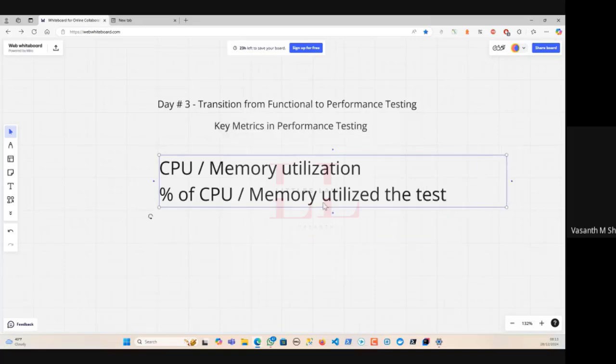The reason I'm mentioning this is that you could have this question in your interview. They might ask you what the CPU and memory utilization is. It is something you analyze or find during the test, not during other times.